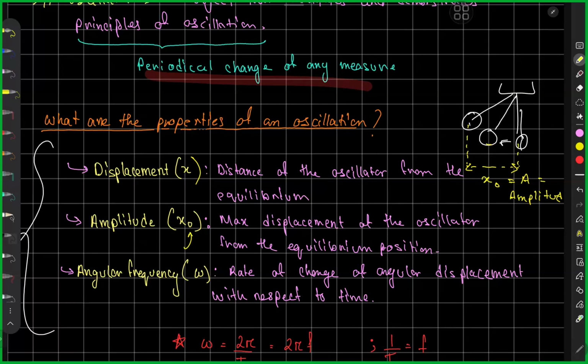In the opposite direction, it reaches a certain height, and that maximum displacement with respect to the x-axis is again the maximum displacement. So the maximum displacement in an oscillation, we call amplitude. And again, when you see the formula, things will make more sense. So it is the maximum displacement of the oscillator from the equilibrium position.